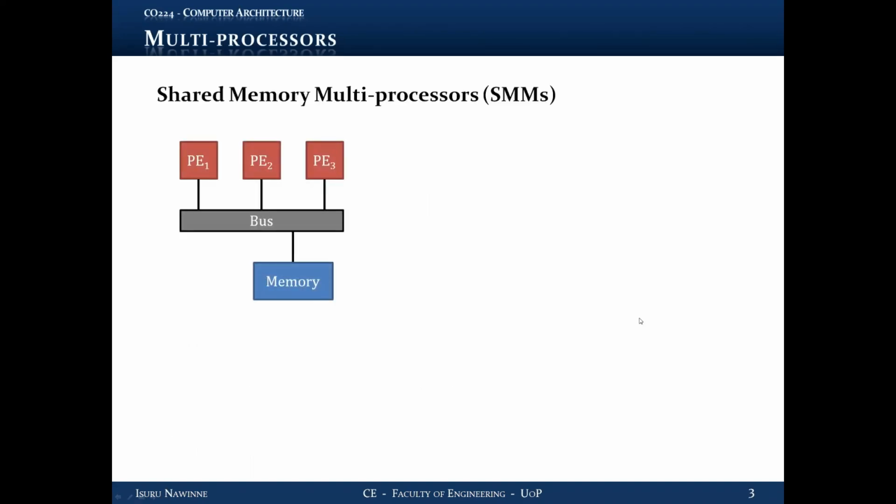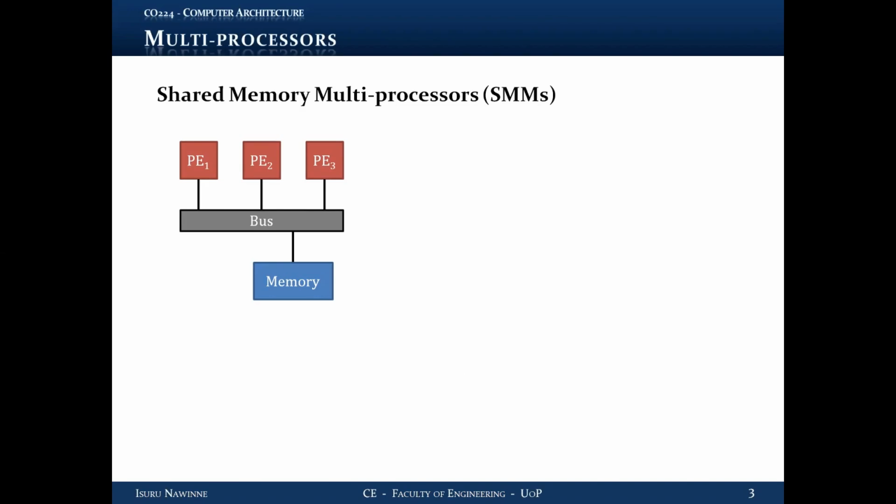Right. So when dealing with this multiprocessor communication problem, the most common method we use is sharing memory between multiple processors. Whatever communication the processors need to do among themselves has to happen through shared memory.